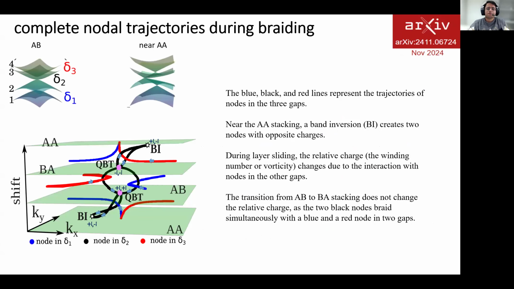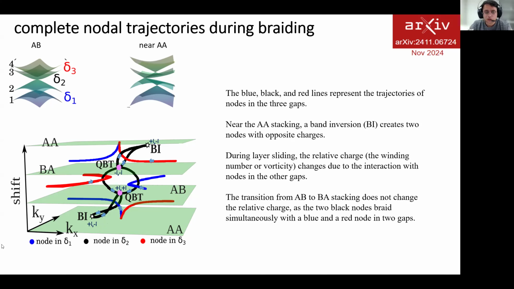But we can also track this nodal trajectory, the nodal points in different gaps, by changing the shift of the two lattices. Let's assume that at the beginning we have AA stacking and a small sublattice potential. I told you that AA with sublattice potential is gapped, but if you shift the system a little bit from AA, then the system goes to band inversion, and two Dirac cones are generated there.